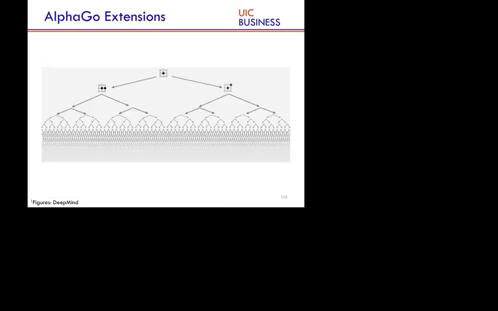So that search tree is going to look like this. In fact, for Go, I think the branching factor is 100 plus, and the depth is also going to be enormous.